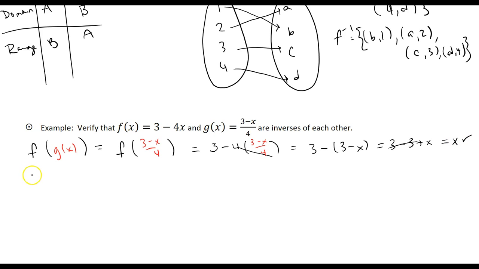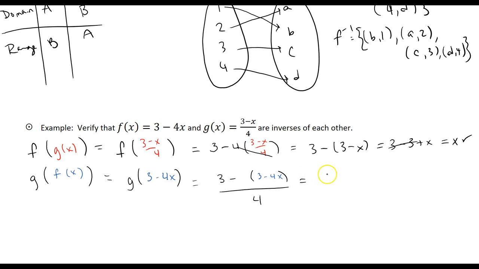If I'm going in the opposite direction, I'm going to take g evaluated at f of x, and wherever there's an x in this function, I'm going to replace it with 3 minus 4x. So this will be (3 minus (3 minus 4x)) over 4.